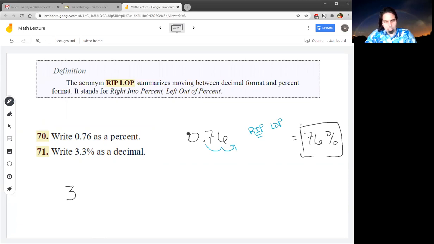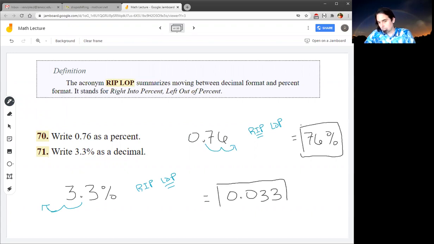And if I have the 3.3% and I'm moving out of percent format to get a plain decimal, then I will go to the left. Now I did use a feature there I haven't talked about: if I scoot my decimal point off past the number, then I have to put in zeros to fill in the spot.